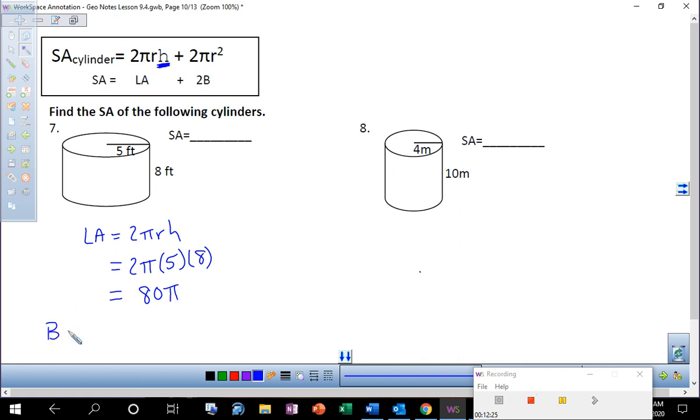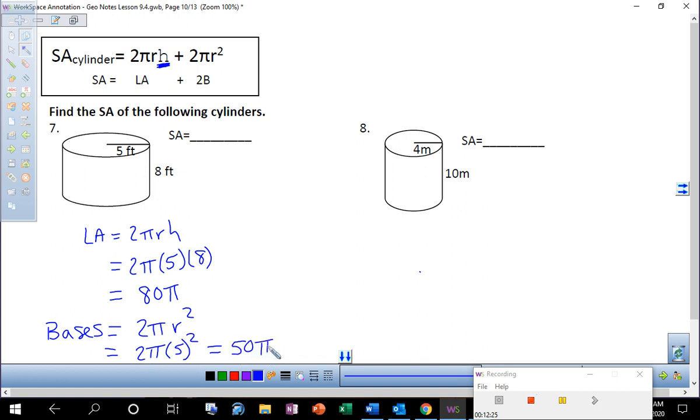And then for my bases, because I have 2 of them, 2 pi r squared. Again, r is 5. If I leave that in terms of pi and simplify it, 5 squared is 25, and if I double that, I get 50.